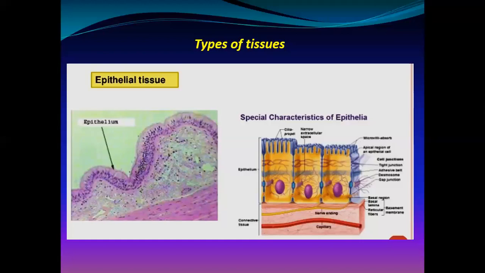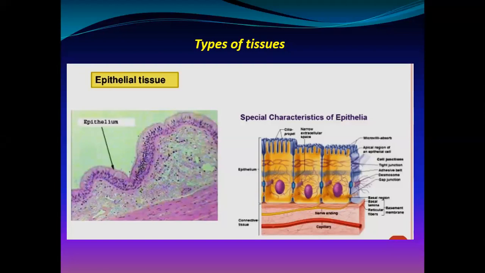Other than that, they have cytoskeletons, and they are supplied by nerves, right? And then capillaries. Beneath the epithelium, you have another tissue called connective tissue, right?